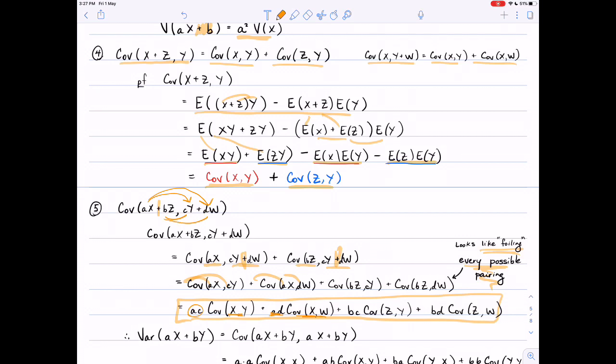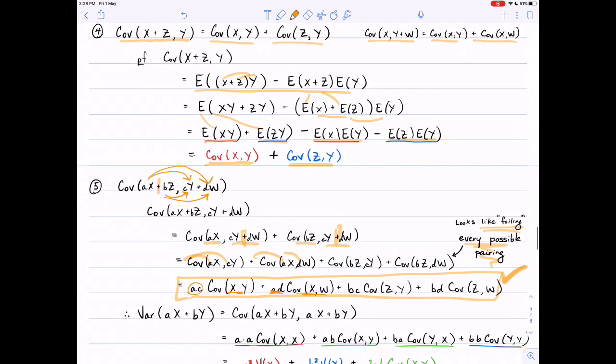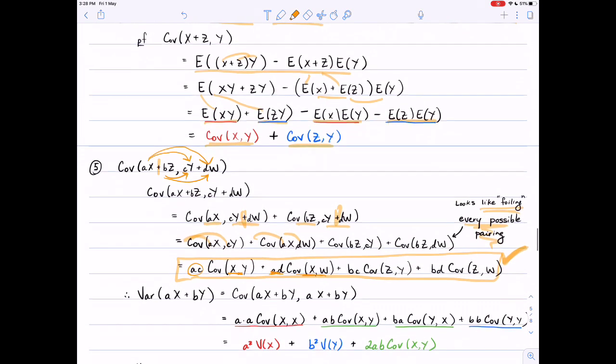As a memory aid, you can imagine that you are foiling these through, and instead of multiplying, you're taking covariances, and that will work for you, giving this sort of expansion property of the covariance.